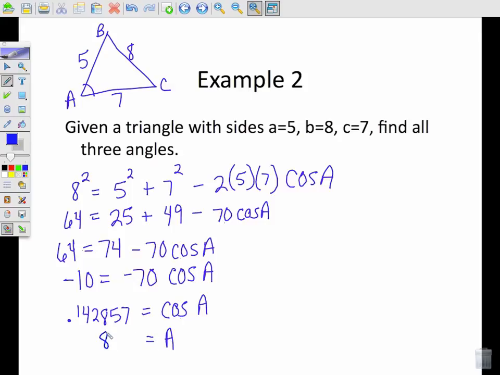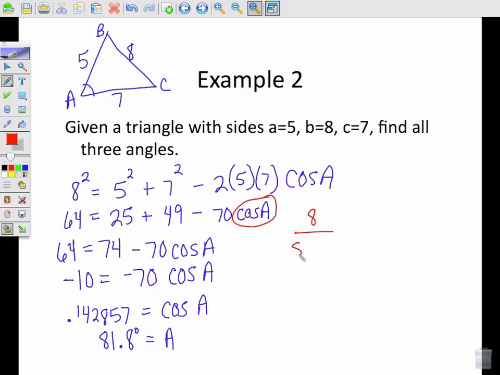So angle A equals 81.8 degrees. All right, so I found my largest angle first. You have to go through the whole process of isolating cosine of A, using your order of operations and inverse operations.